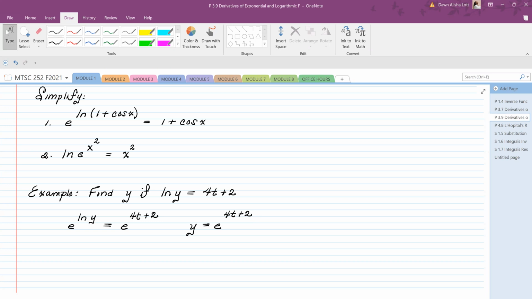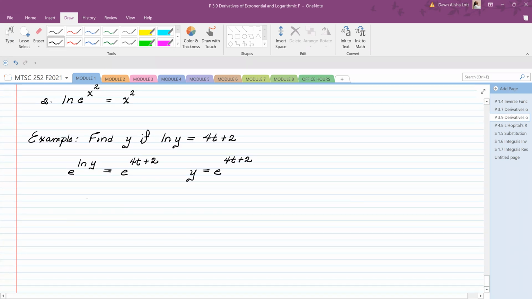Find k if e to the 2k is equal to 7. Take the natural log of both sides. Log of e to the 2k, the natural log of 7. On this side, I just get 2k is the natural log of 7.